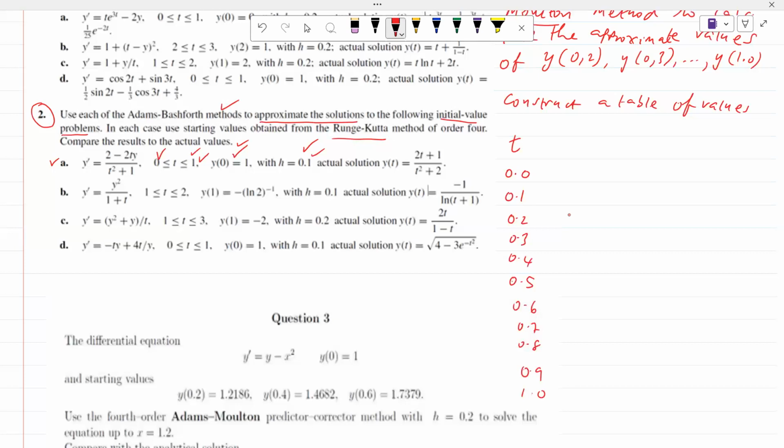Now, what then do we do? Right, so we continue. So we construct now. So now we get to the values of y.